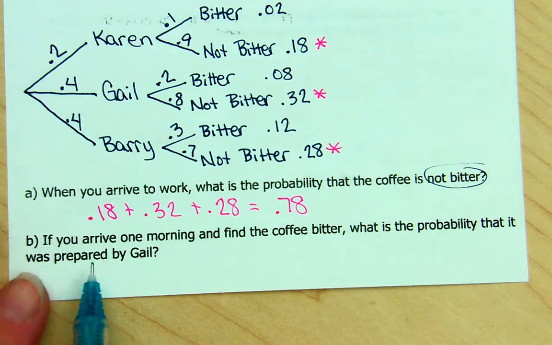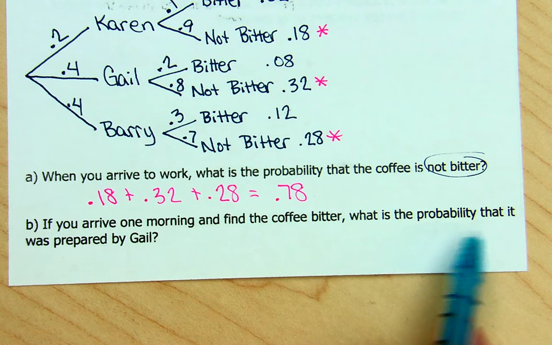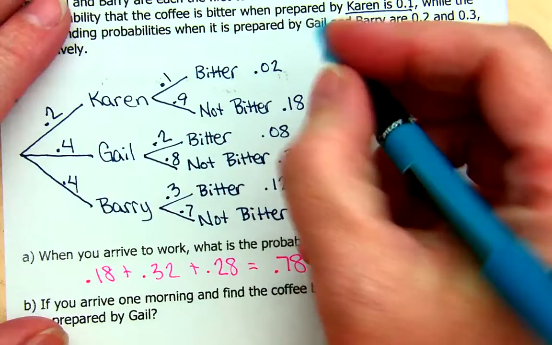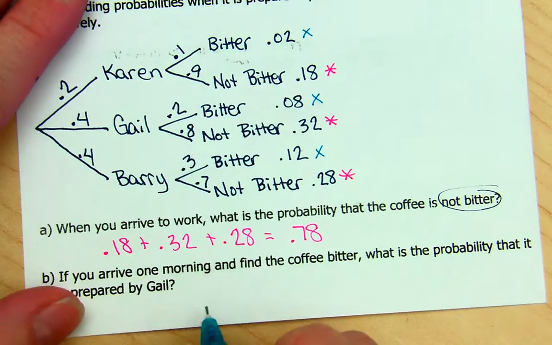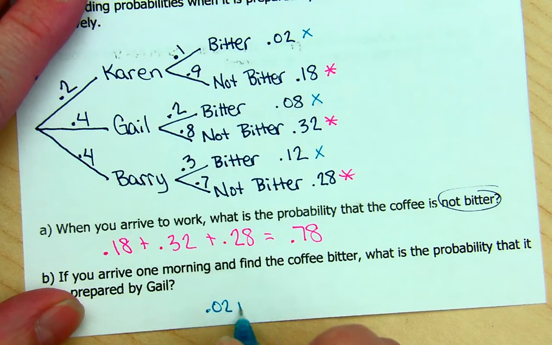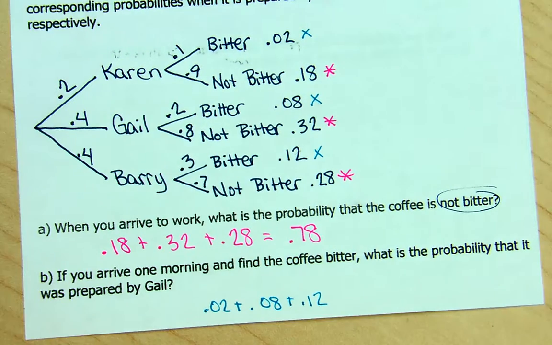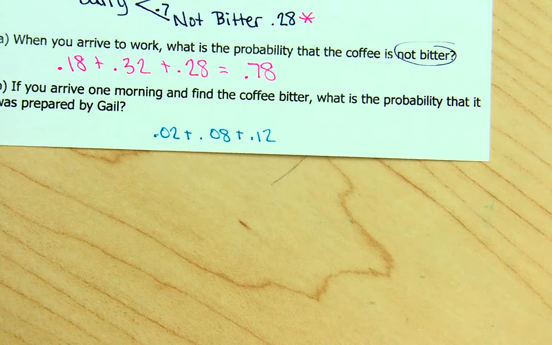Okay, so part B says you arrive one morning and the coffee is bitter. What is the probability that it was prepared by Gail? So we want to know if the coffee is bitter, it's going to be one of these options here. So 0.02 plus 0.08 plus 0.12. So those are all the different times it could be bitter.